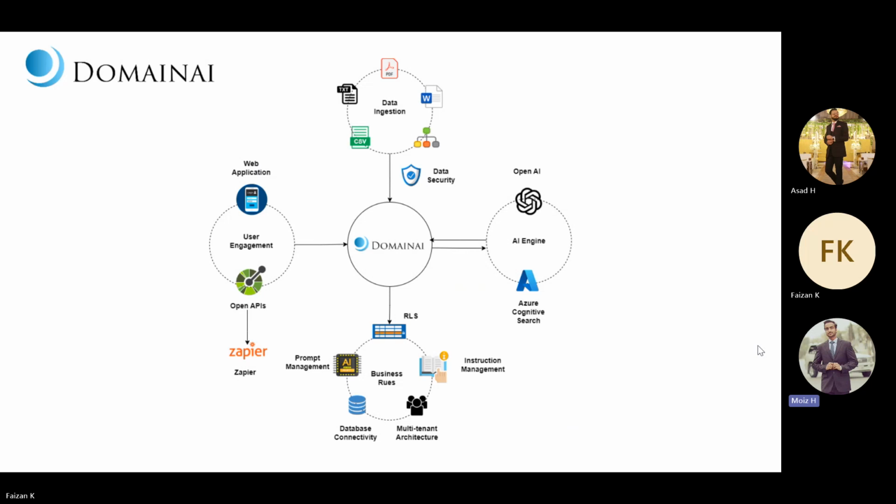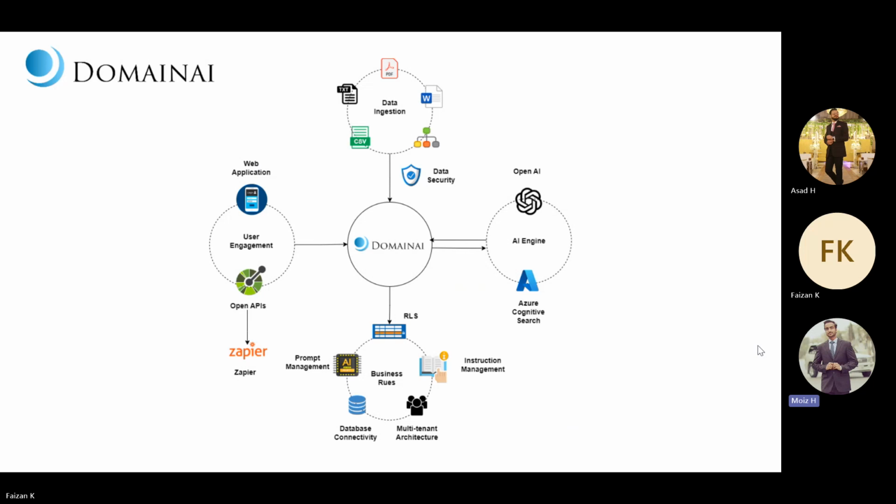In addition to these sources, Domain AI also allows the capability to ingest data from databases, readily connecting to your already existing databases in your organization. Those then get powered to our AI engine, which uses Azure Cognitive Search and Azure Cognitive Services, and returns that data to our web-based application.